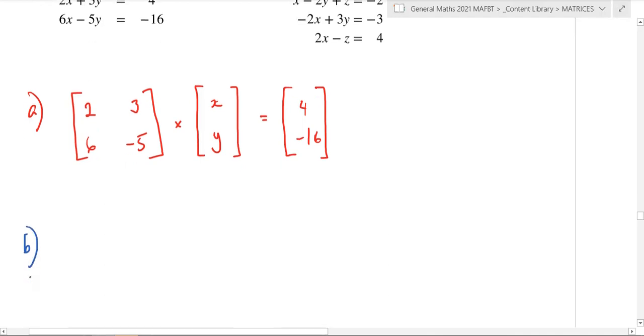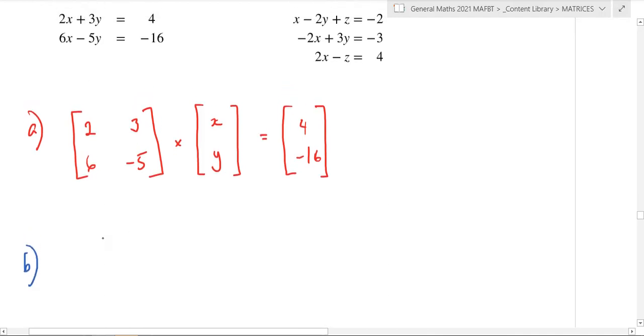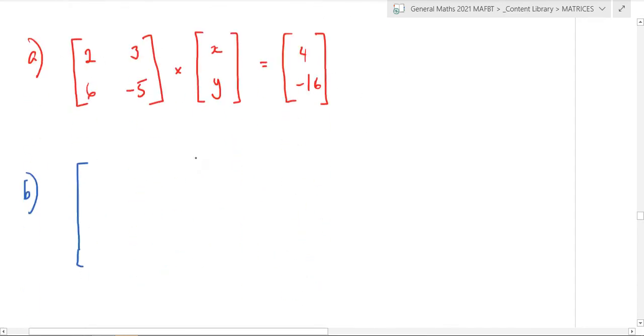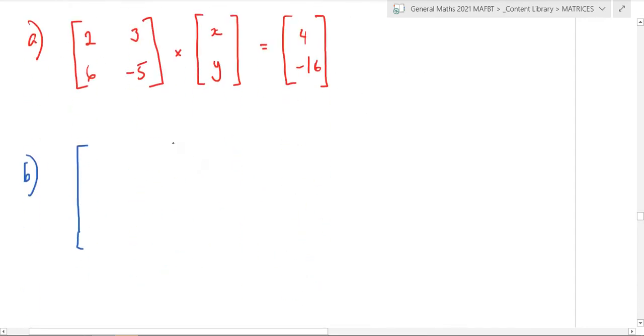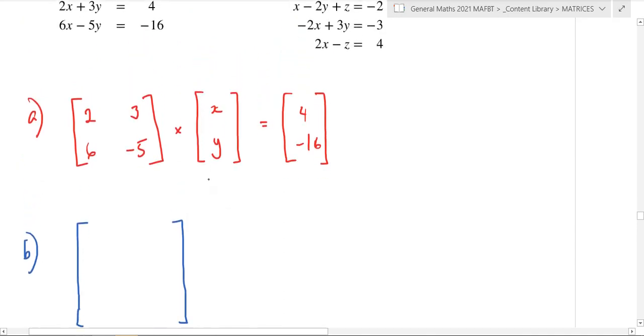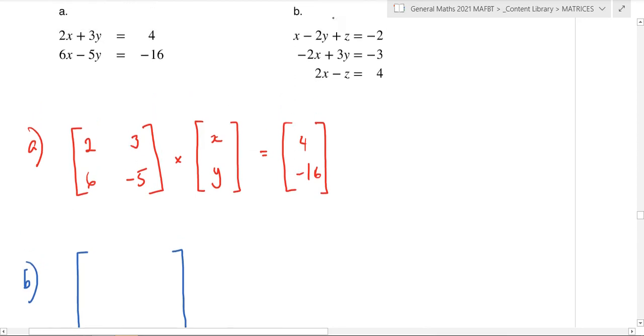So B, same principles. You just got to make sure you put your numbers in a number matrix. And because I have three equations, this will be a 3 by 3 matrix. Let's start with that. It's kind of hard to see, but let's just make it work. For the first equation, I've got nothing in front of that x.